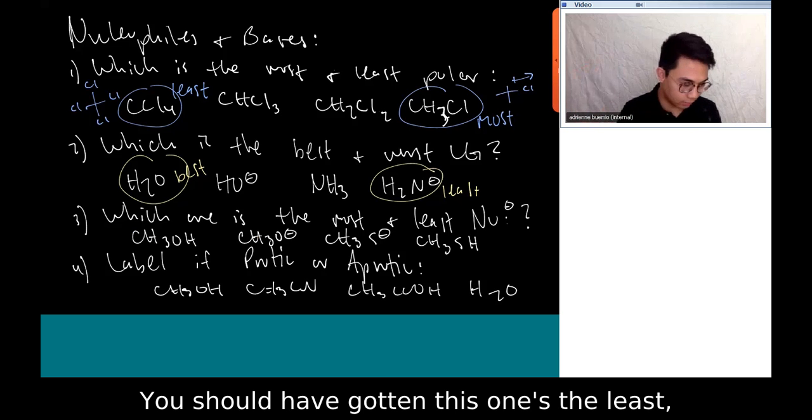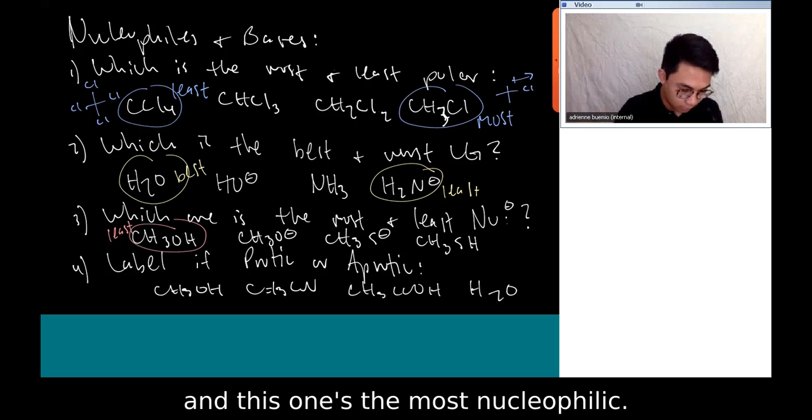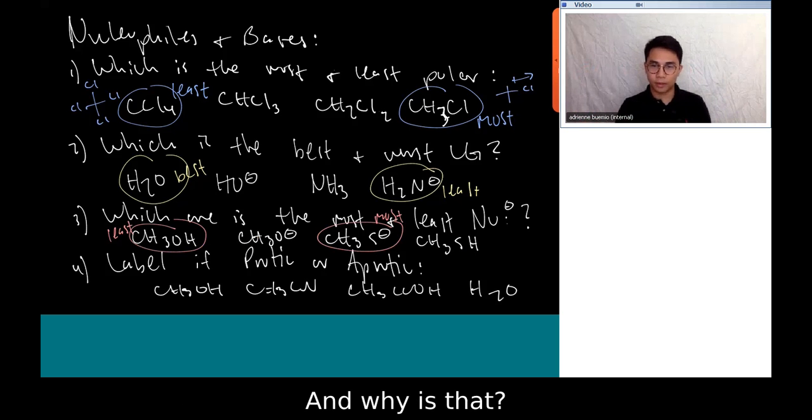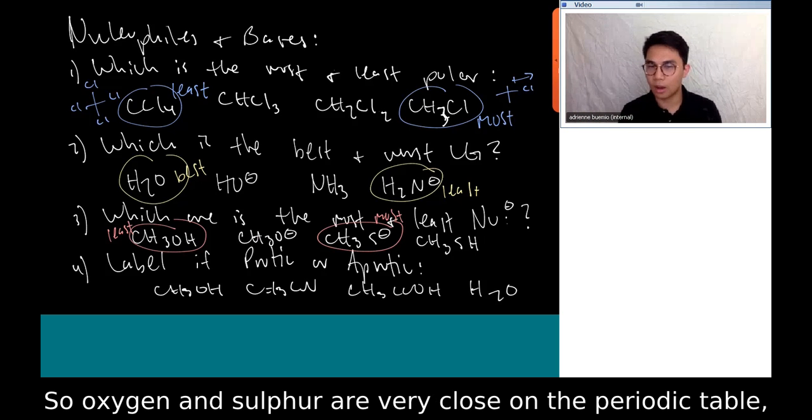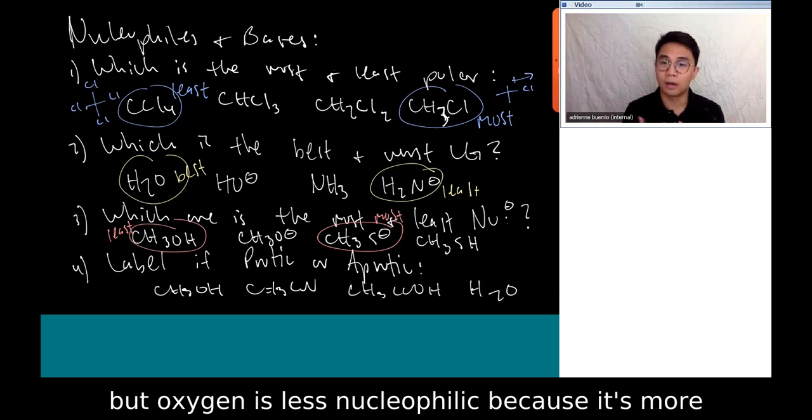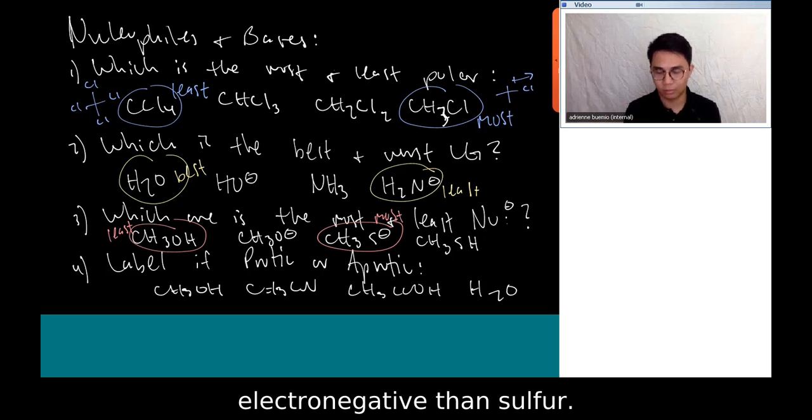You should have gotten this one as the least, and this one as the most nucleophilic, right? And why is that? Oxygen and sulfur are very close in the periodic table, but oxygen is less nucleophilic because it's more electronegative than sulfur.